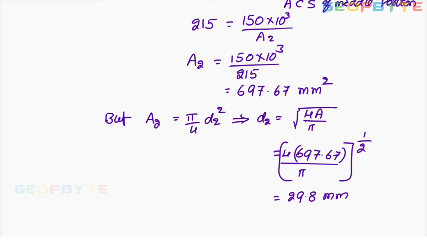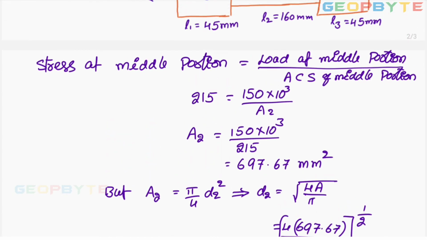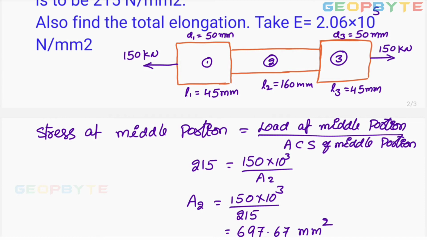Then the total elongation equals the sum of these elongations: delta L1 plus delta L2 plus delta L3. But look at section 1 and section 3. Since both maintain the same lengths and same diameters, the change in length in section 1 is equal to the change in length in section 3.